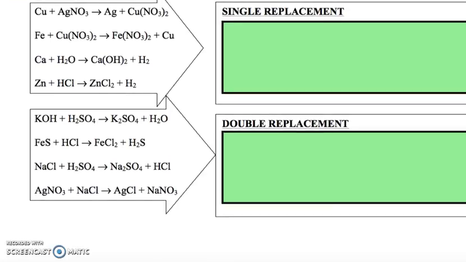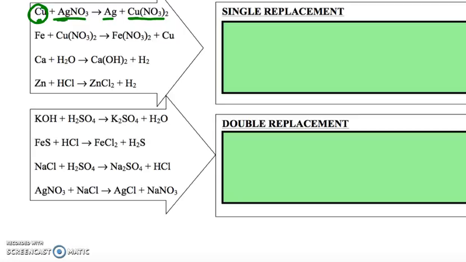Okay, the next type of chemical reaction we're going to take a look at is single replacement. What you are looking for, again, you're not looking for specific chemicals, but for an element all by itself reacting with a compound, and what you notice is that the metals, or at least one of the elements, switches places. So the copper and the silver end up switching. The element you started with, in this case copper, now ends up in a compound.